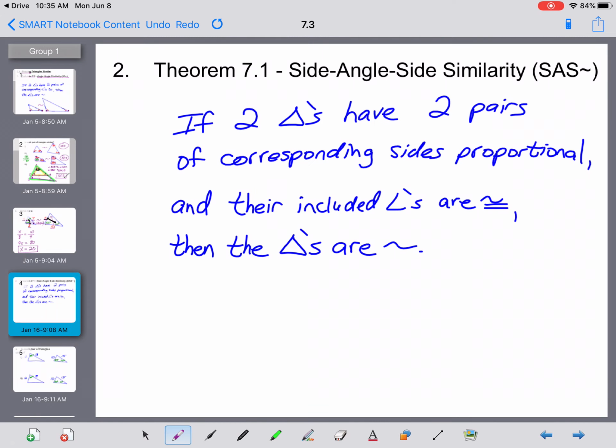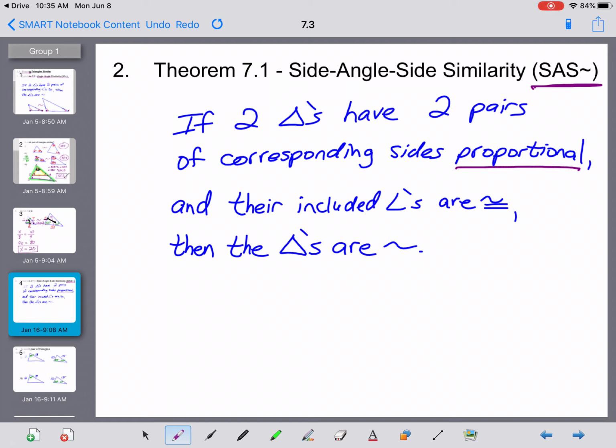Okay, second big part of our notes here. Theorem 7.1 is called the side angle side similarity theorem. Now you got to be careful because side angle side was also a test for congruence back in chapter 4. So let's see what this theorem says that's a little bit different. If two triangles have two pairs of corresponding sides proportional.